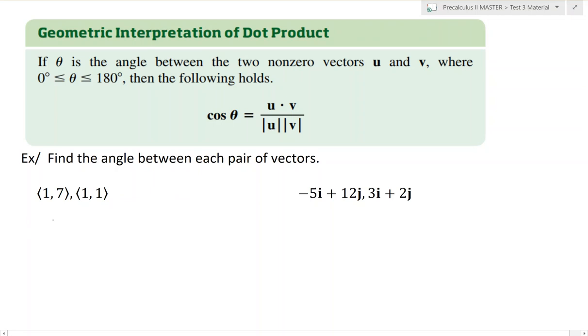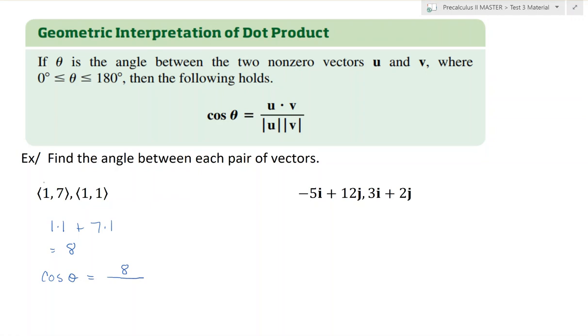So we have here u dot v. If my u is 1, 7 and my v is 1, 1, then I'm going to get 1 times 1 plus 7 times 1, which is 1 plus 7, giving us 8. So the cosine of theta is going to be the dot product that we just found divided by the magnitude of u times the magnitude of v.